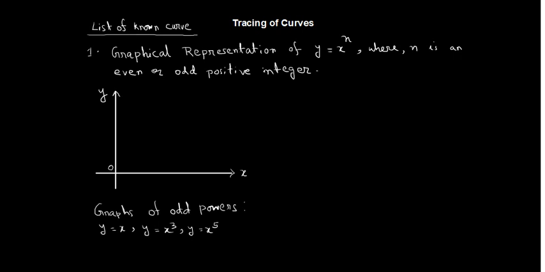Now we all know y equal to x is the straight line passing through the origin. This is y equal to x. Now y equal to x cube will be like this.